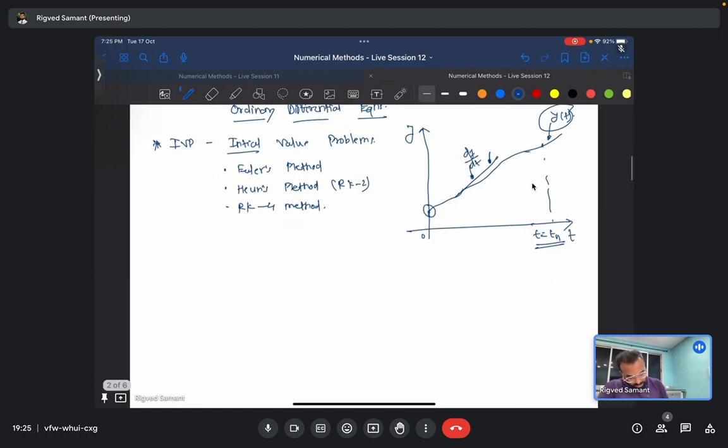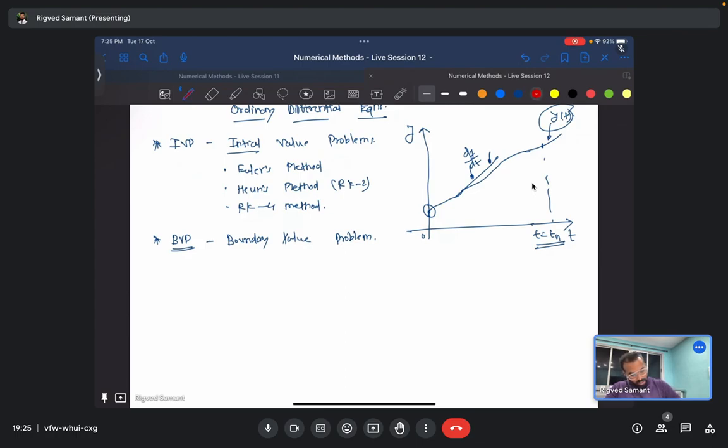There is another class of ordinary differential equation called a boundary value problem. A boundary value problem means you will be given two conditions. Here you have given only the initial condition, but there might be two conditions at different points.